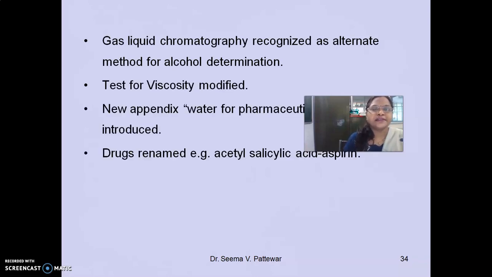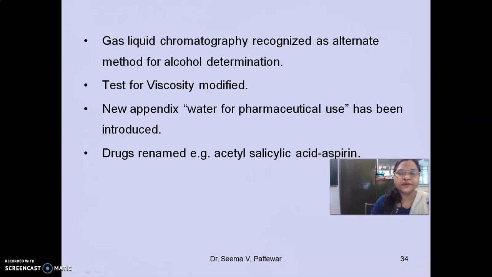Next point, gas liquid chromatography is recognized as an alternate method for alcohol determination. Means if you want to determine the alcohol content, then gas liquid chromatography, again a separation technique, is given as an alternative. Then the test for viscosity is modified, so the Ostwald viscometer has been introduced in this pharmacopoeia. A new appendix, water for pharmaceutical use, has been introduced.